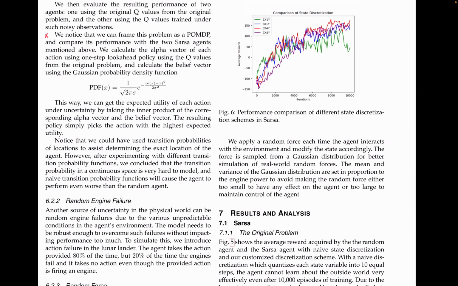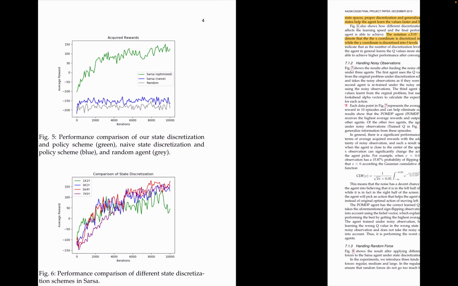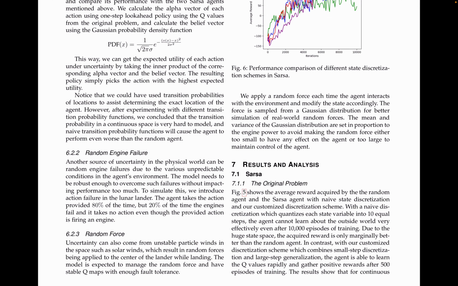We saw that. It's the blue one in figure 5. Due to the huge state space, the acquired reward is only marginally better than the random agent.